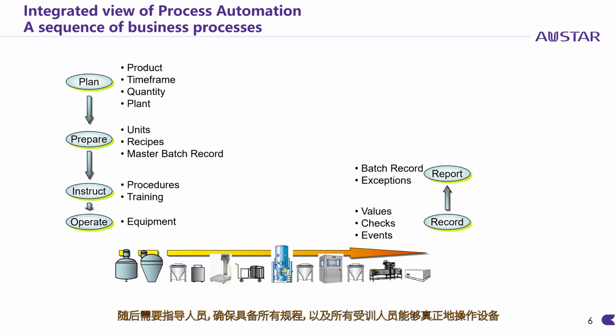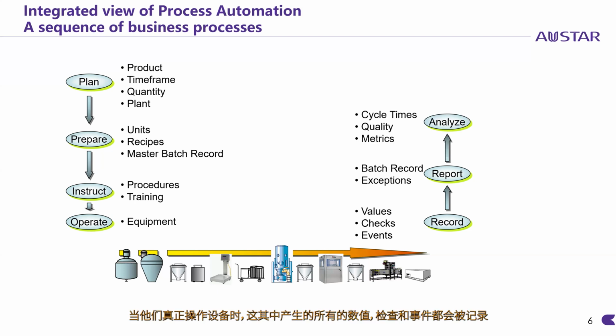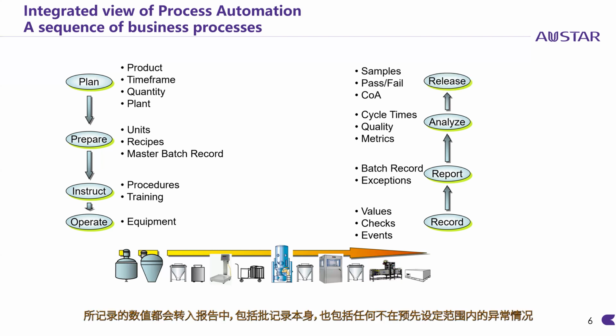These recorded values are then put into a report, which contains the batch record itself, but also highlights any exceptions that would show us where the process was not within pre-established limits. We can also analyze these data to see whether we were in time, if the quality was okay, and some other metrics like energy consumption. And then we can finally release the product.